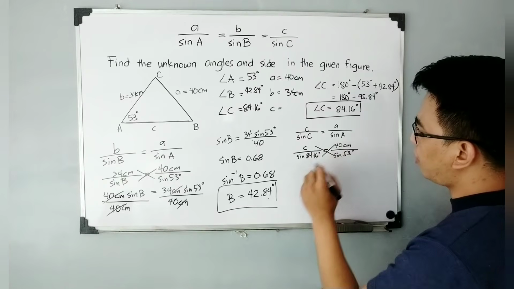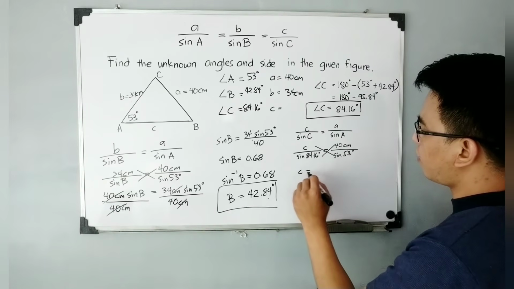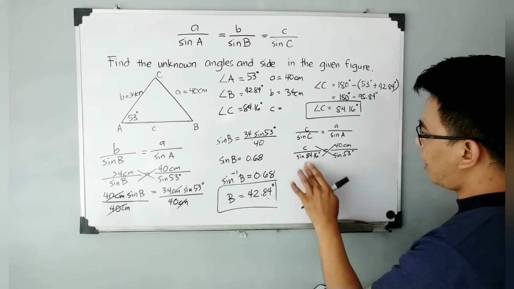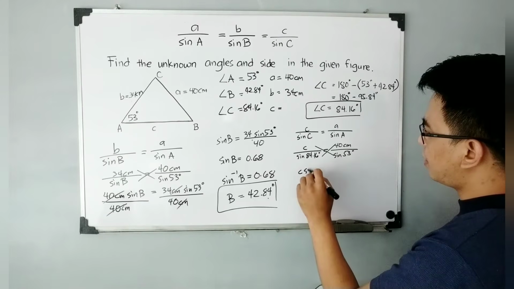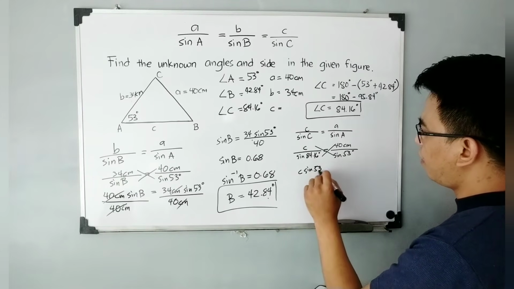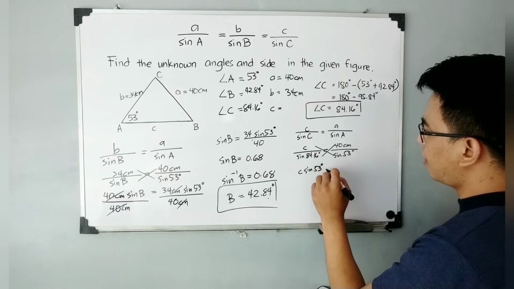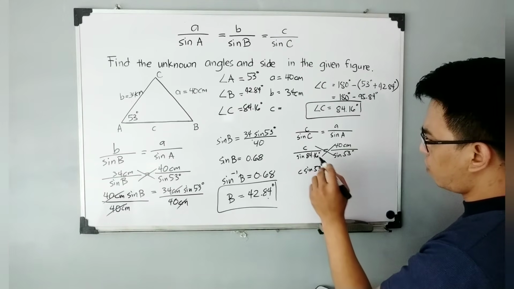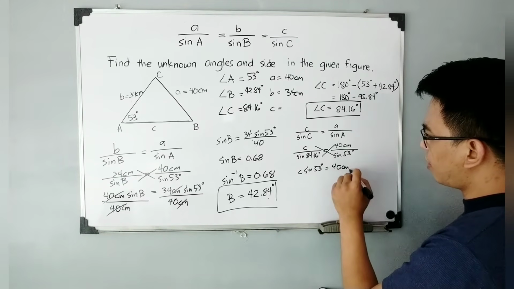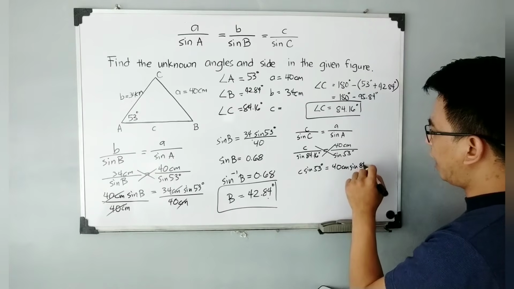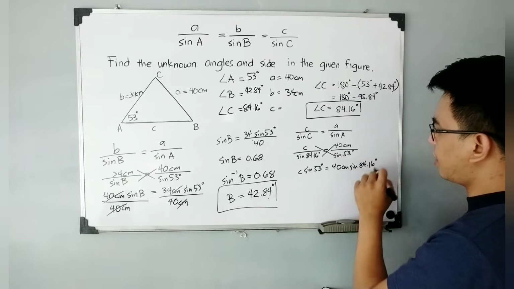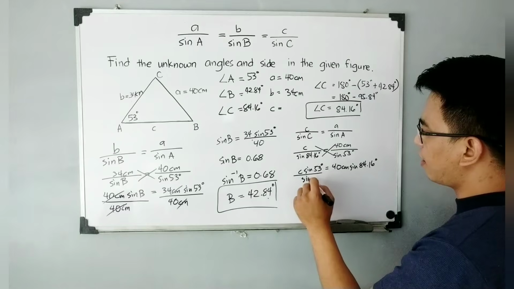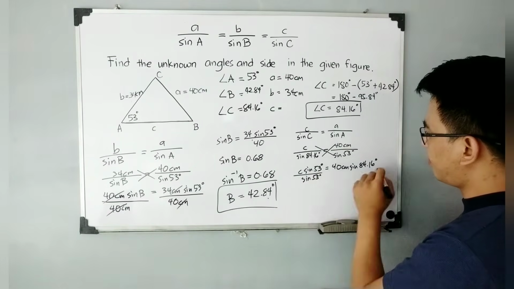Cross multiply, it will give you C sine 53 degrees is equal to 40 centimeters sine 84.16 degrees, divided by sine 53 degrees.